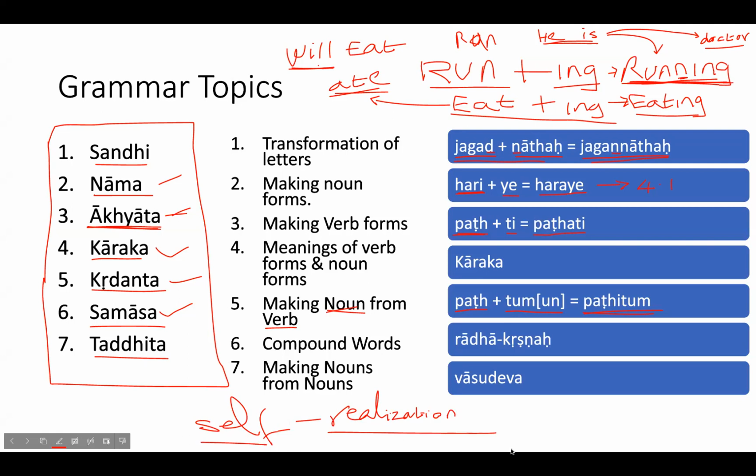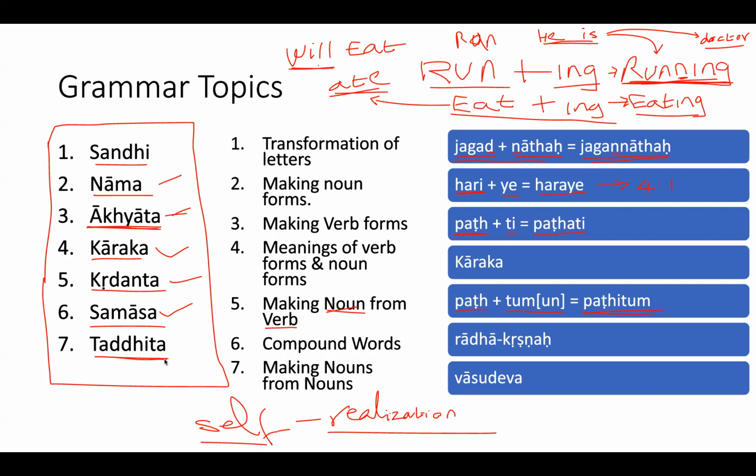But then you made a compound word to mean self-realization. It is not that self is realizing, but it's a realization of the self, right? So the compound meaning loses some of the intermediate words, and then it gives you a very succinct form. So similarly, samasa in Sanskrit also, you combine multiple words and you make compound words. That is also making nouns again.